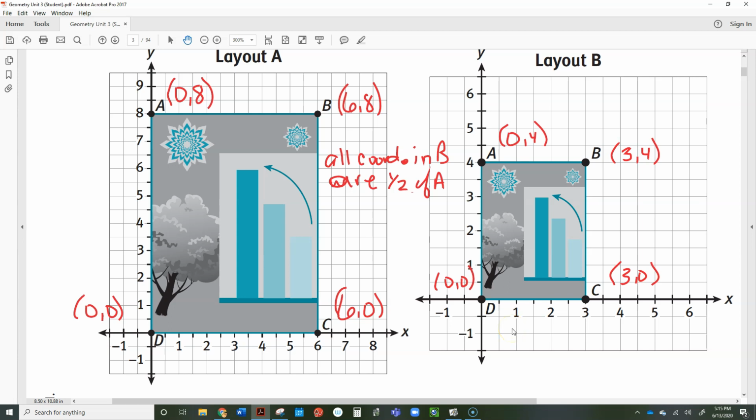Well, you know the notation that they've been using. If x, y is the point in the pre-image, that's going to transform or change or map to, what do we do to each one of them? We said half of x, comma, half of y. So that's what they want for the answer to number 4.